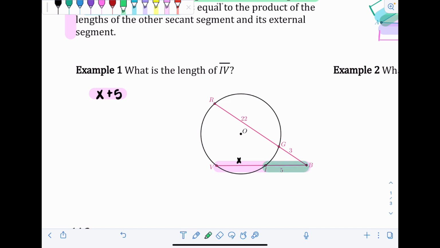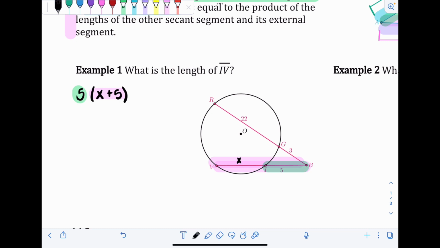Since I'm multiplying the 5 by multiple terms, I'll need to put that X plus 5 in parentheses. Anytime you're multiplying a number by multiple terms, like this is one term and then there's an addition sign, so this is another term, you need to put them in parentheses. So this is the external part, the 5, the part that's highlighted in green, multiplied by the entire segment from B to V, the whole part that crosses into the circle.